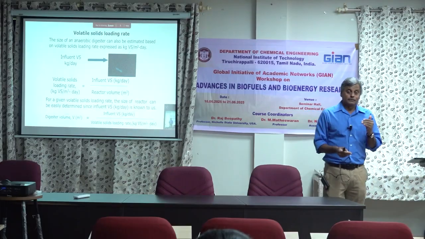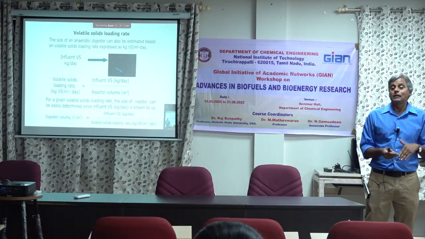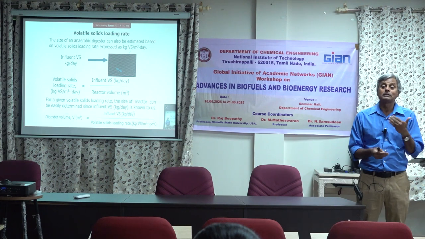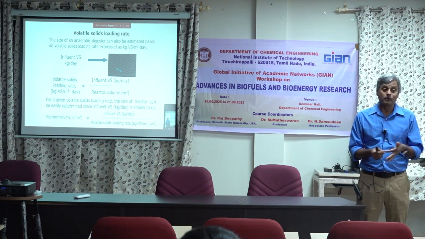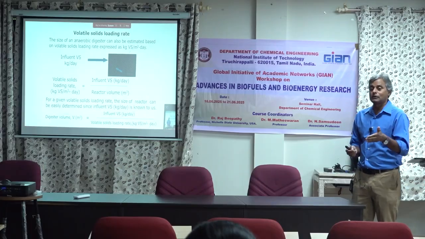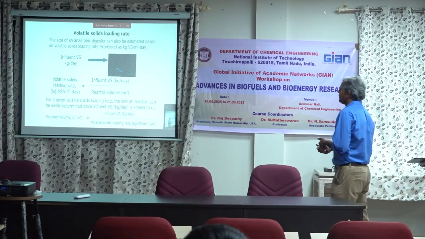Sometimes people don't use COD as a loading rate. They use volatile solids as their loading rate. So you do solid analysis and you can input your solid data into the system.